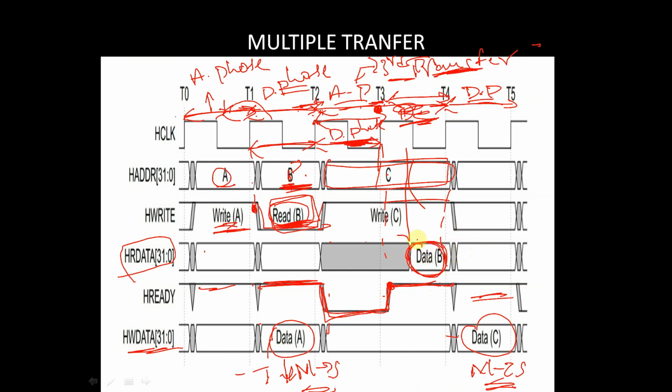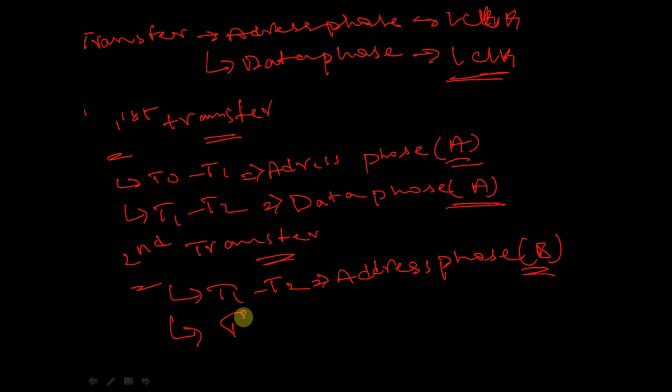So the data phase is extending up to T4 as the address phase is getting extended. So the data phase is T2 to T4. So for the second transfer, the data phase is getting extended up to T4.